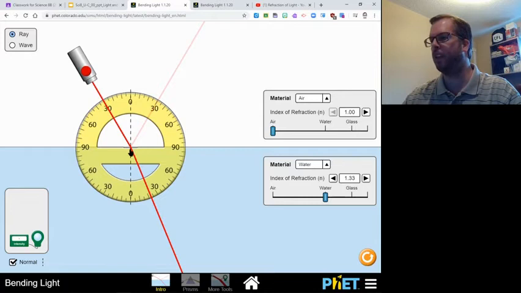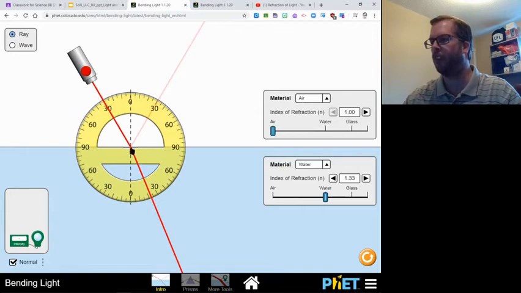You know it bends because if it didn't, we'd expect it to continue straight through and it would be at a 30-degree angle here, but it's not. In fact, if you look carefully, we are at, what's that, 5, 10, 15, 20, about a 23-degree angle of refraction. So angle of incidence, 30 degrees, angle of refraction, about 23.